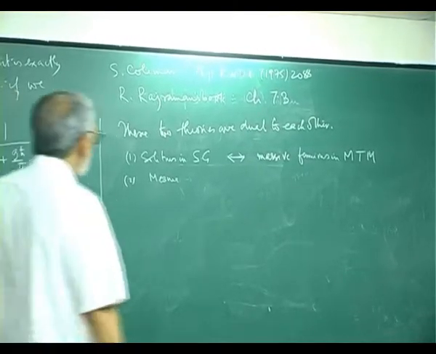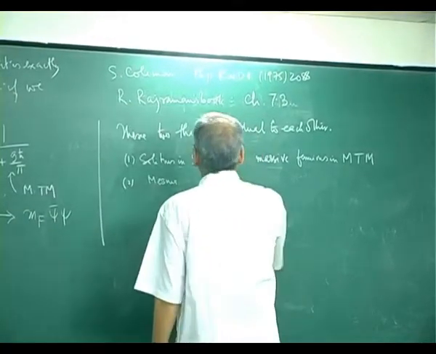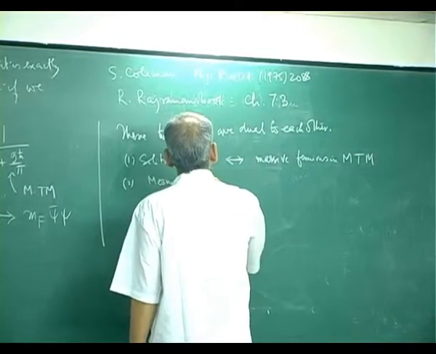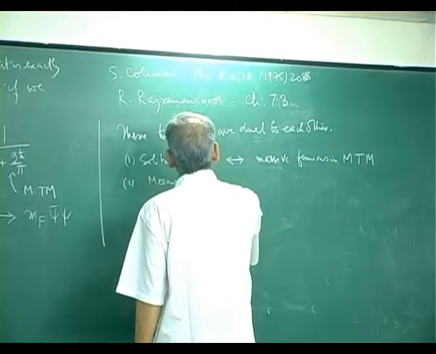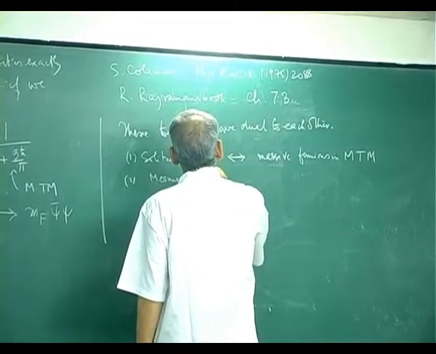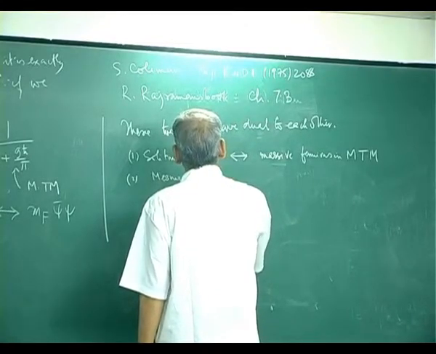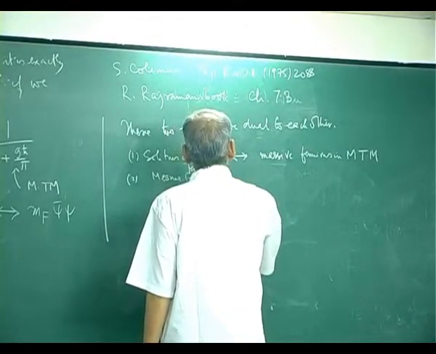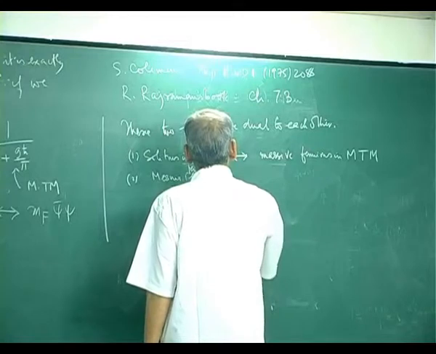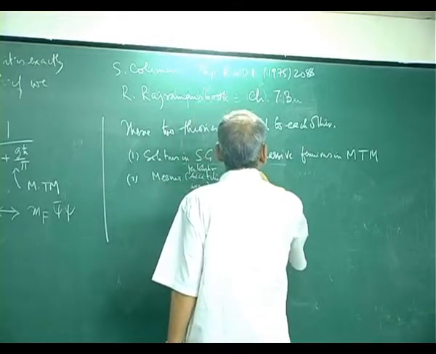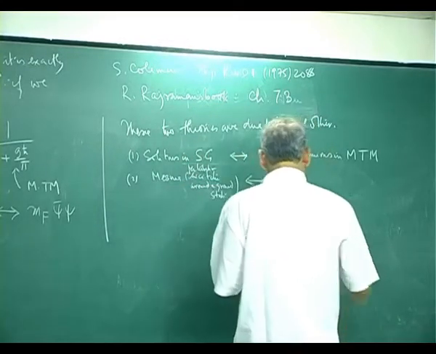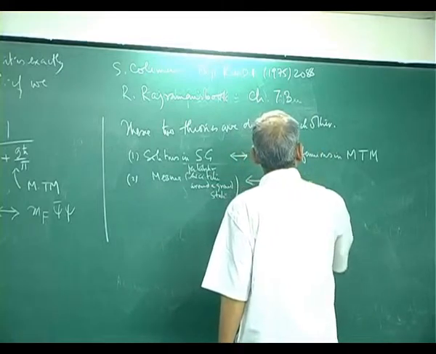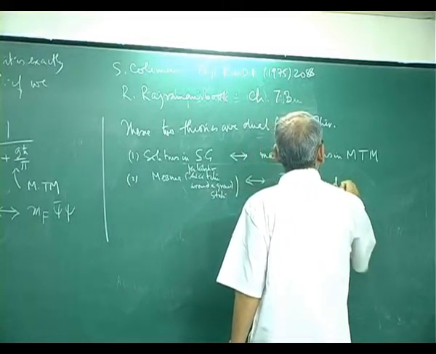So mesons in Sine-Gordon theory, which means perturbative excitations around a ground state, correspond in the Thirring model to psi bar psi bound states.